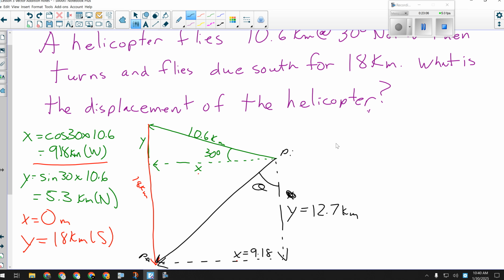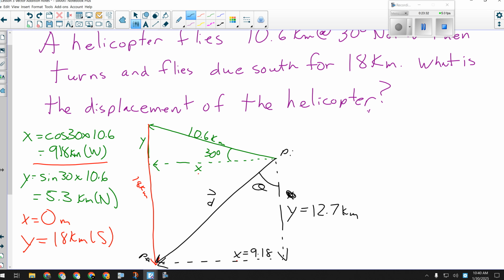Now what? I'm looking for this. This is my overall displacement. I need its magnitude and its direction. Can I calculate D now? How would I calculate the magnitude of D right now? Pythagorean theorem.